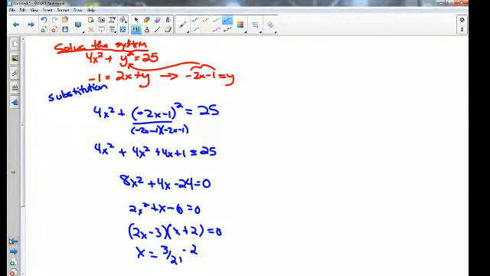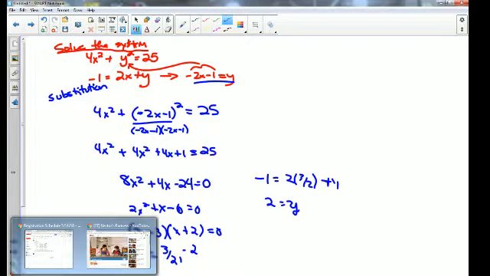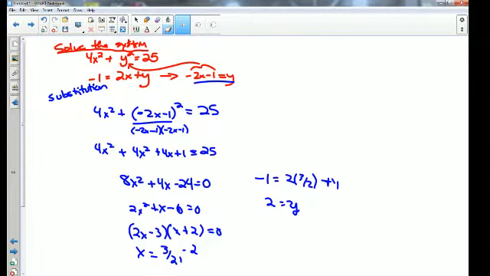All right, so if x is 3/2, -1 equals 2 times 3/2 plus y. That'd be even easier if you use that one. So 2 is y? Wait a minute. Did I do that wrong? Yep, I did. Gotta keep an eye on that. That is 3. Subtract 3, you get -4.